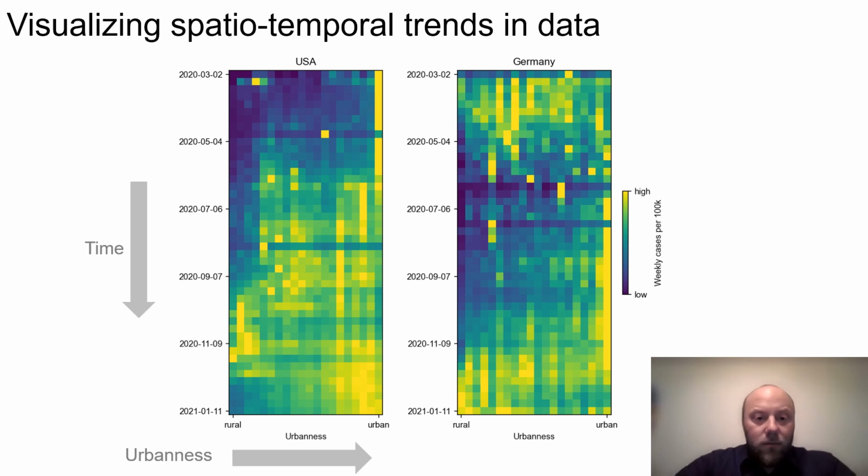The interesting thing here is that the intensity of the heat map, so basically the colors, represent the number of cases, right? And you can see in the US, for example, that COVID started basically in urban areas. If I recall correctly, the first cases were registered in Seattle.